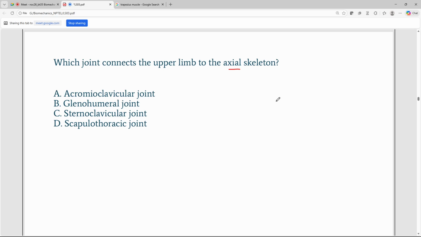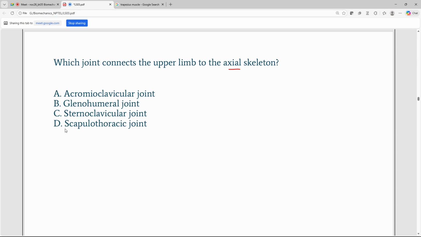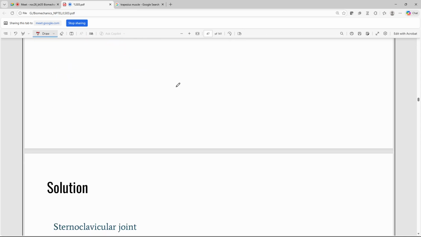Is it the acromioclavicular joint, glenohumeral joint, sternoclavicular joint, or scapulothoracic joint? Yes, the option is C, the sternoclavicular joint. We just discussed it a few questions back.